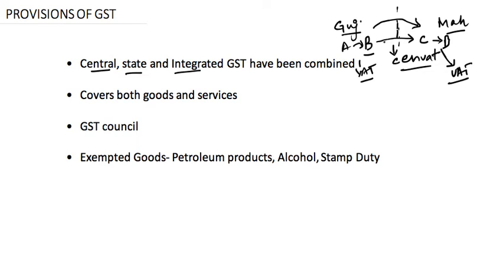Now what happens in this case is that the seller here, C, does not get any credit of CEN-VAT that he paid on the purchase of this particular good. So when he sells it to D, he does not get credit for the tax which he paid when he purchased the same good from B. So this results in cascading or increase in prices of goods that are being sold from one state to the other.